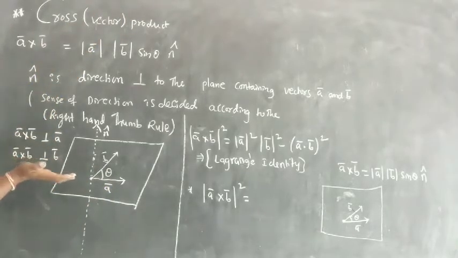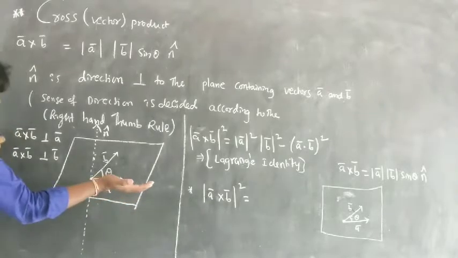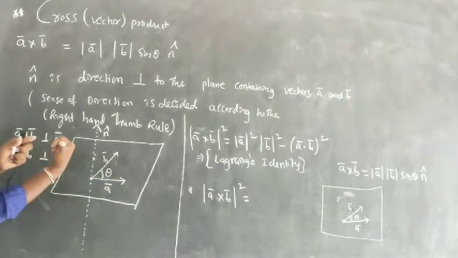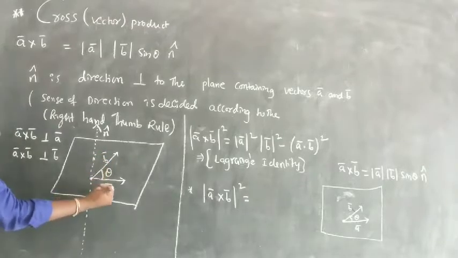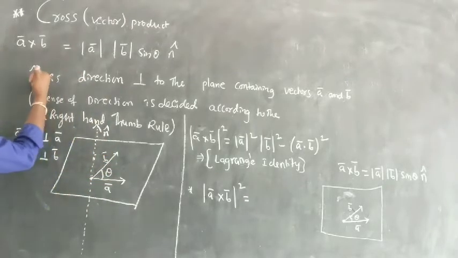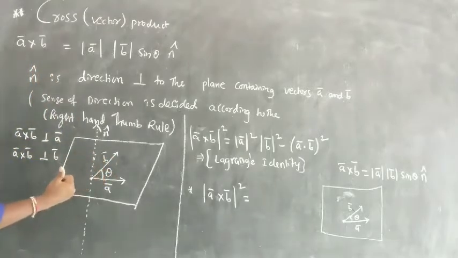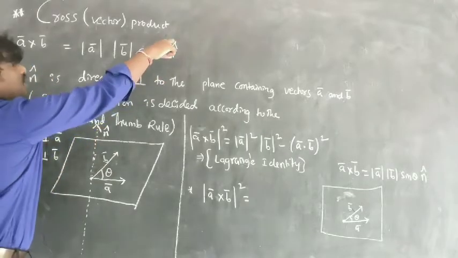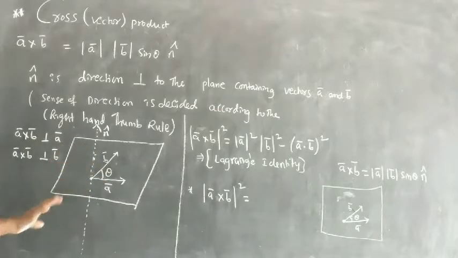The thumb rule says, if this is the A vector direction, you wrap your fingers from the A side toward the B vector side, and then your thumb shows the direction of A cross B. This line is perpendicular to the plane, and this is the direction of n cap.